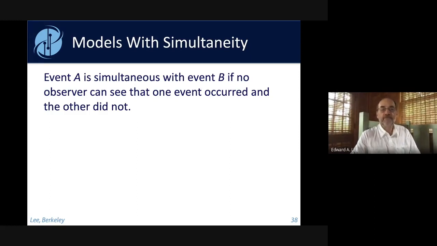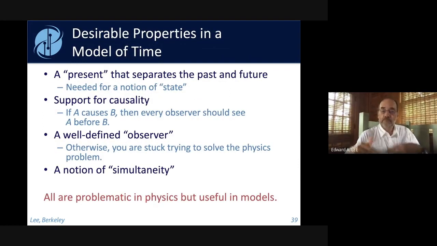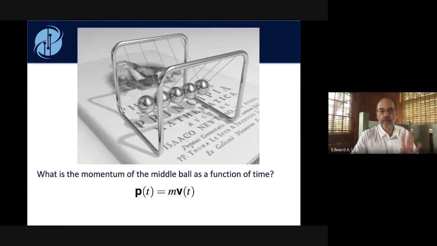An event A is simultaneous with an event B if no observer can see that one event occurred and another did not. Right? But this requires a well-defined notion of an observer. So one of the things we've done over the history of this project is really dive deeply into what we require from a model of time. And here are a few of the requirements, but let me just zero in on a particular example, this one.